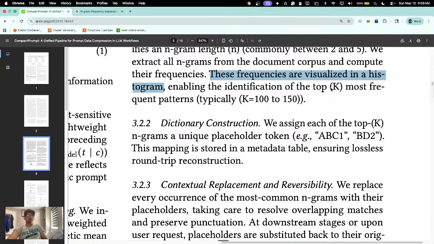But anyways, these frequencies are visualized in a histogram, enabling the identification of the top k most frequent patterns. So that top k is just a variable k, which is between 100 and 150.